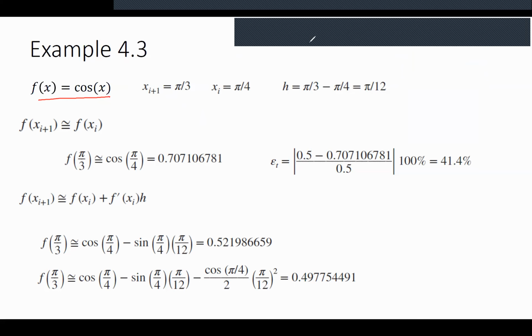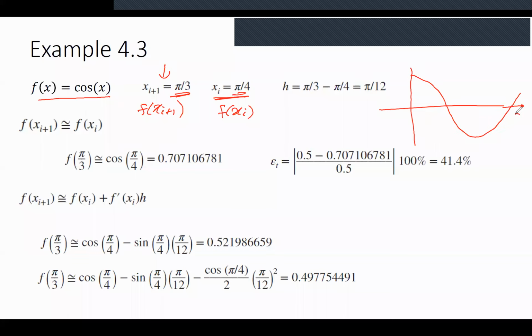I'm trying to get familiar with the drawing here. Okay, so x i is pi over 4, so we can calculate f of x i, and here we have x i plus 1. The value of the function is given, and we have two points, pi over 3 and pi over 4, so we can draw our cosine.